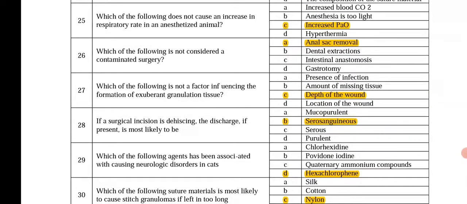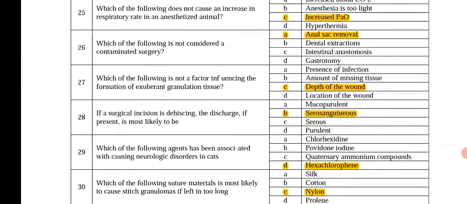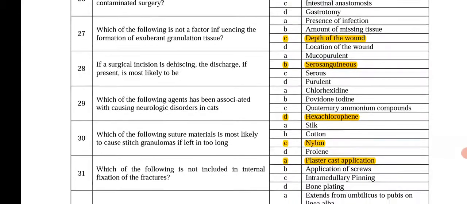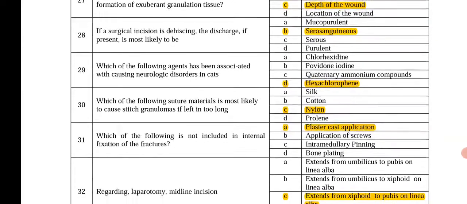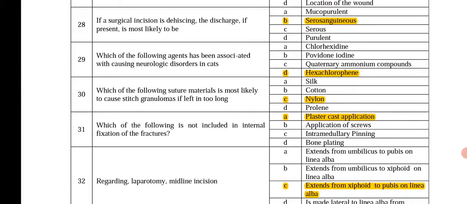Depth of the wound. If a surgical incision is dehiscing, the discharge, if present, is most likely to be serosanguineous. Which of the following agents has been associated with causing neurological disorders in cats? Hexachlorophene.